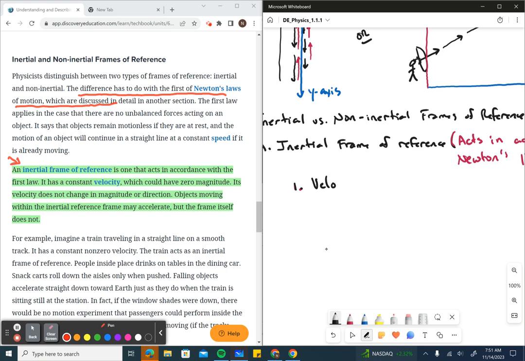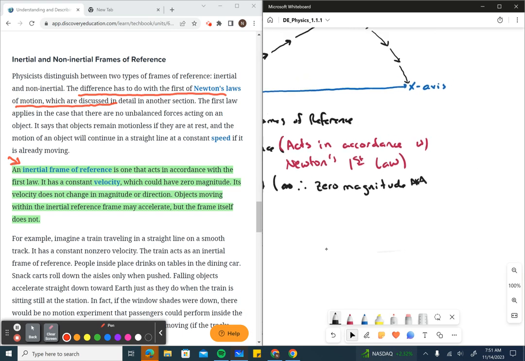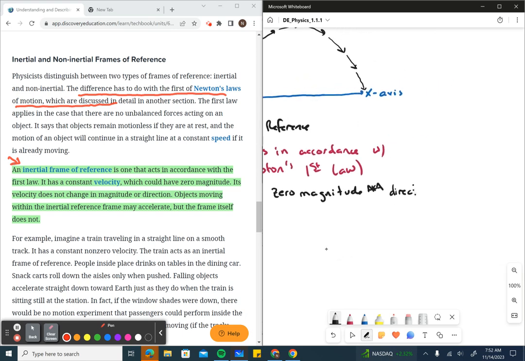Velocity is constant, with a zero magnitude of change, which is also to say no direction change. Its velocity does not change in magnitude or in direction.